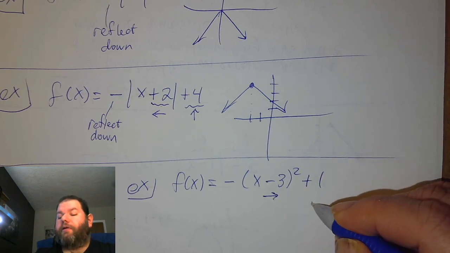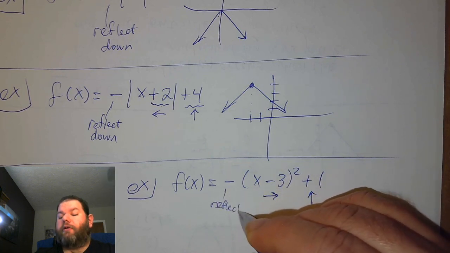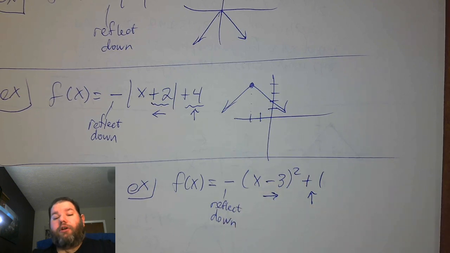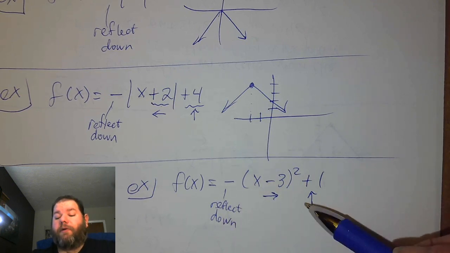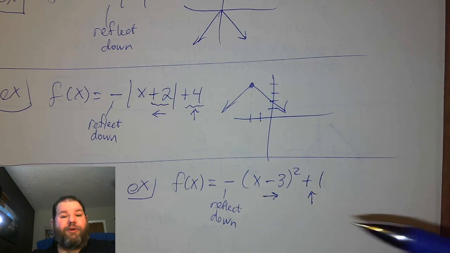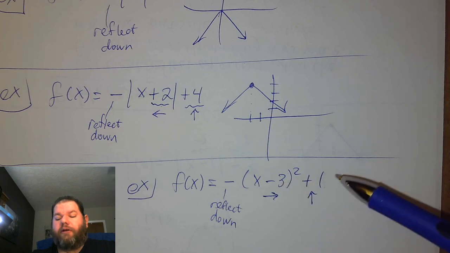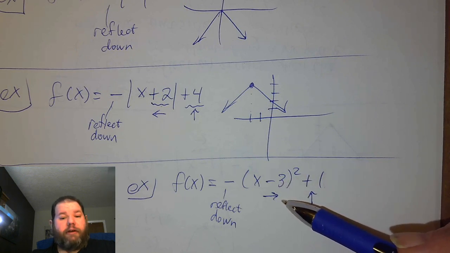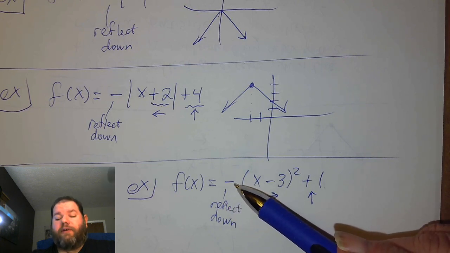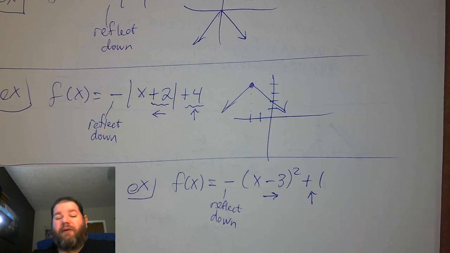Right 3 and up 1, and of course reflect down. One of the things you see I'm doing here is that for each of the transformations in the problem, underneath them I'm indicating what they do to the graph. For the shifts left or right, up or down, I write down an arrow to show which way it's going. And for the sign in front, I also comment what it's going to do. I would recommend you do that.